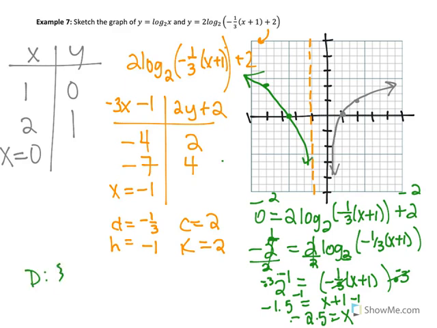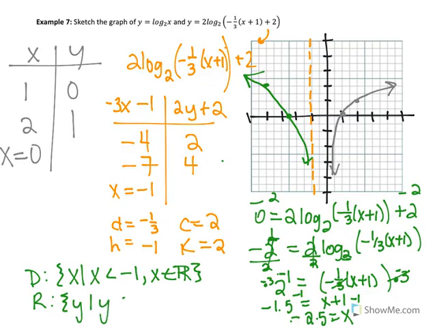So our domain is x is going to be less than, not equal to, -1. And our range is going to be all the real numbers. So you can also find your x-intercepts if necessary, if they have been translated. Alright, and that is all.